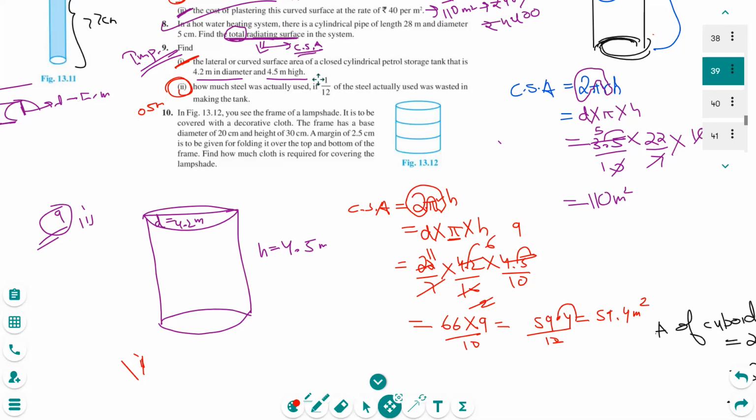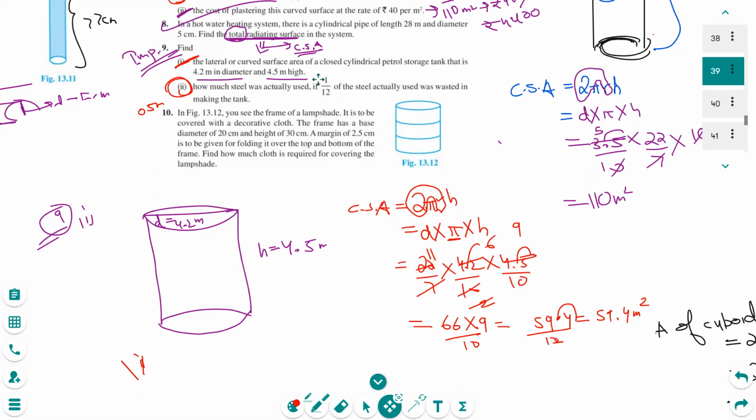I'm going to throw it out because I'm wasting it. Now I drew a closed cylinder. I used the rest in making the bottom and the top, and I developed a closed cylindrical tank with it.